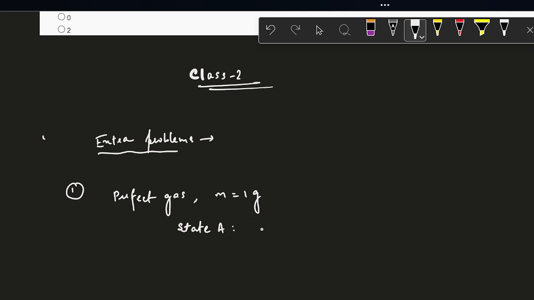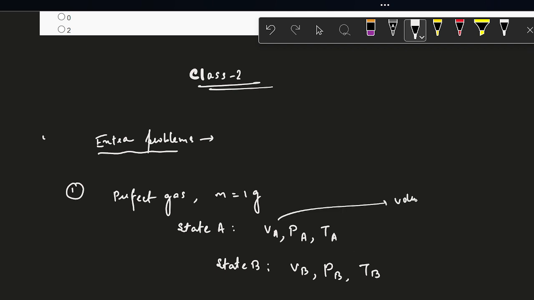So when the gas is in state A, its volume is VA, its pressure is PA, and its temperature is TA. Now the state is changed to a different state called state B. In state B, the volume has changed to VB, pressure to PB, and temperature to TB.